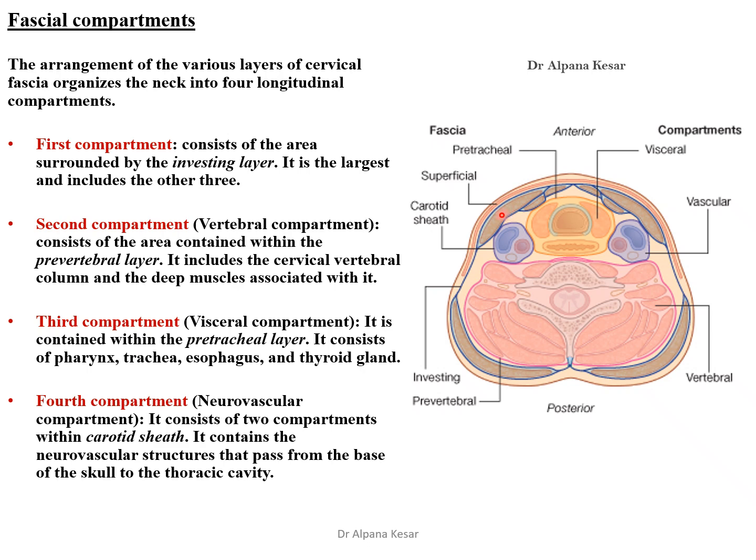The first compartment is the area surrounded by the investing layer of deep cervical fascia. It is the largest compartment and includes some muscles, and along with that also includes the remaining three compartments. Vertebral compartment.